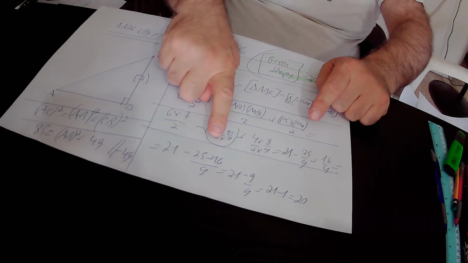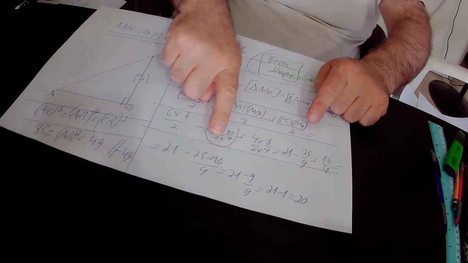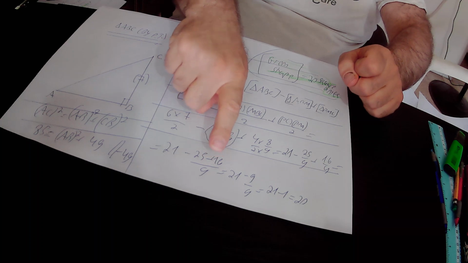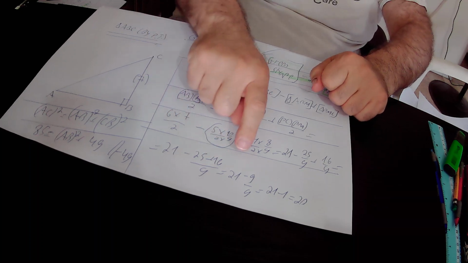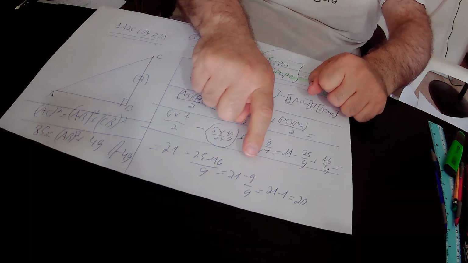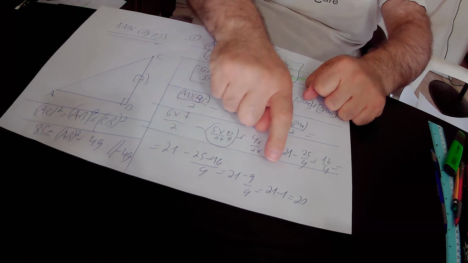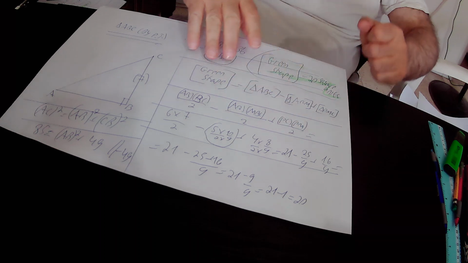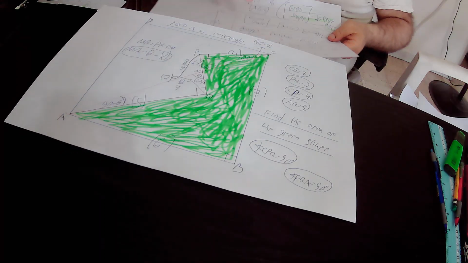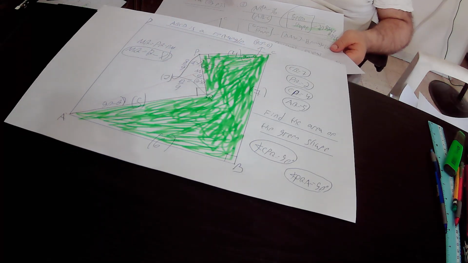Minus 25 plus 16 is minus 9, so this expression equals minus 9 over 9, which is minus 1. So the area of the green shape equals 21 minus 1, that is 20. So in conclusion, we found that the area of this green shape equals 20 square units.